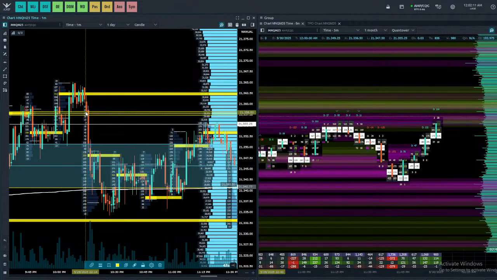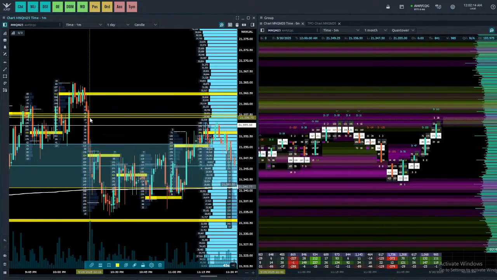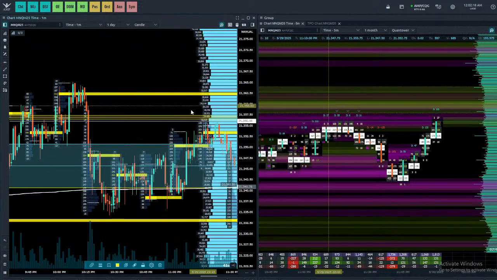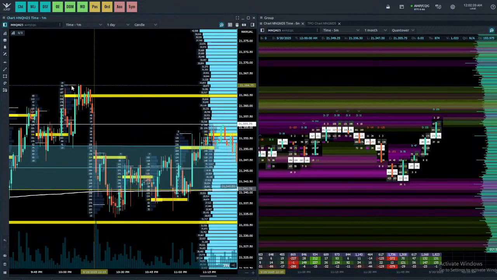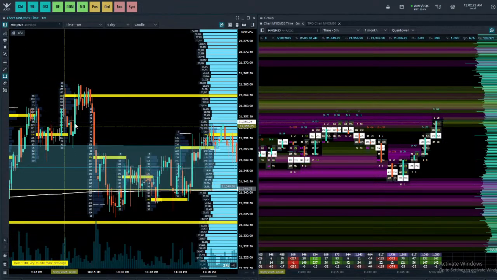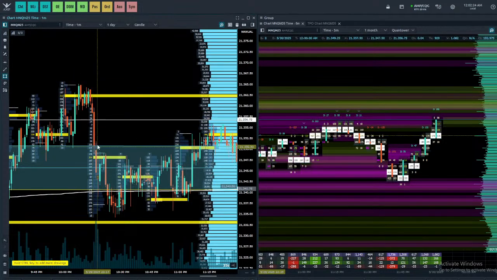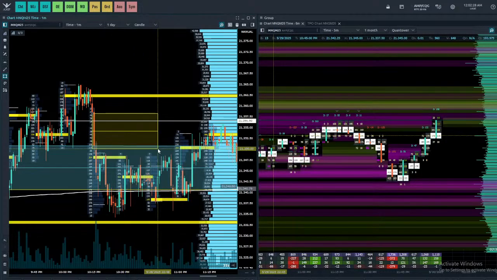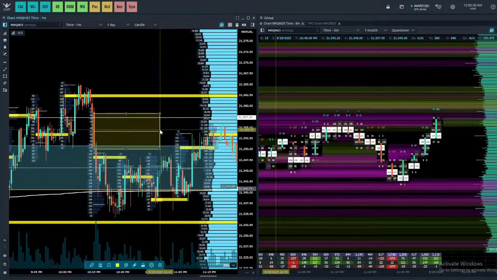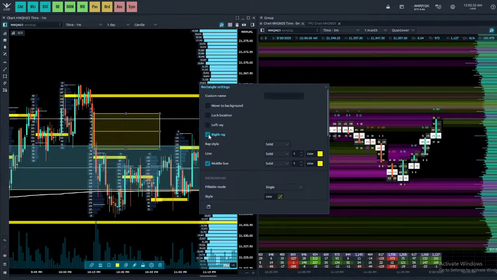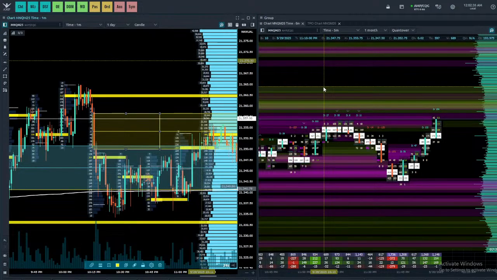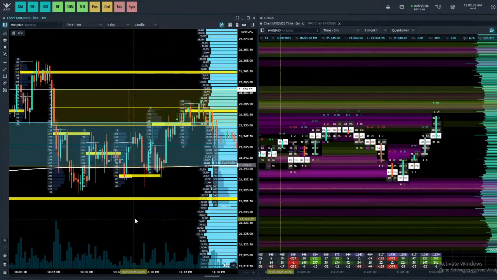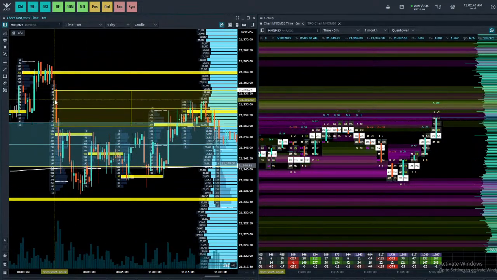Ooh, wait. Okay, okay. I have to look at the moves prior to when they happen. So I'm gonna break it down step by step. We move down three. This will be a fair value gap right here. This would be that fair value gap.